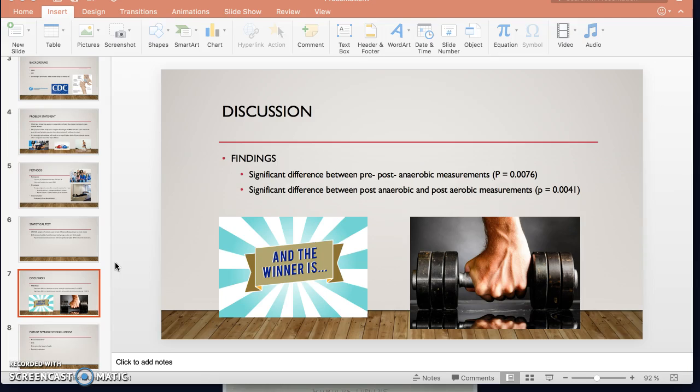So that right there supports my findings for the aerobic exercise, in that the BMD didn't change significantly at the end of the study. Although in my study and in his study, if you look at his data, the BMD did change a little bit in the aerobic category, but not enough to consider it significant.